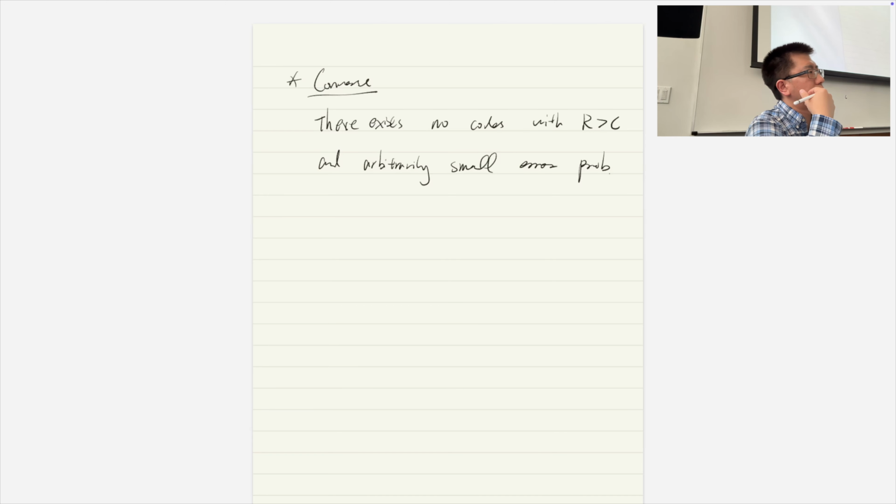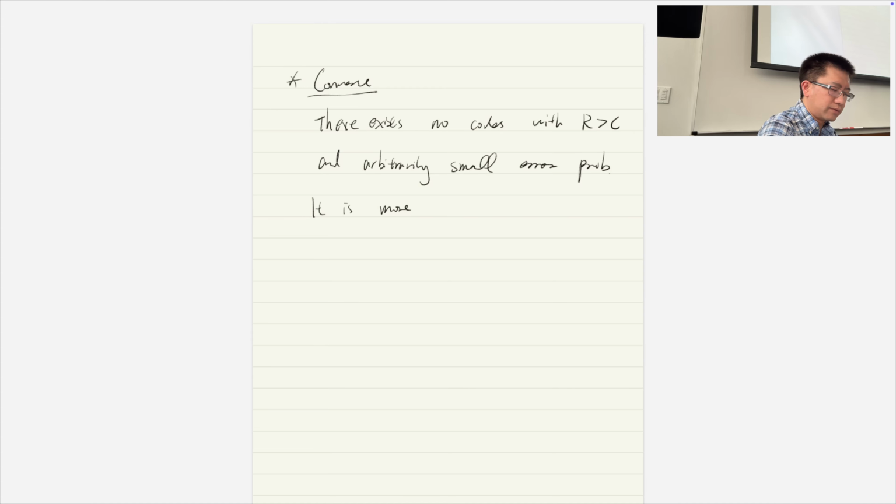If we show there's no such code with R bigger than C, then we can still achieve an arbitrarily small error probability. But directly showing that is not that easy. We want to show an equivalent statement. That's why we normally call it converse, not impossibility.